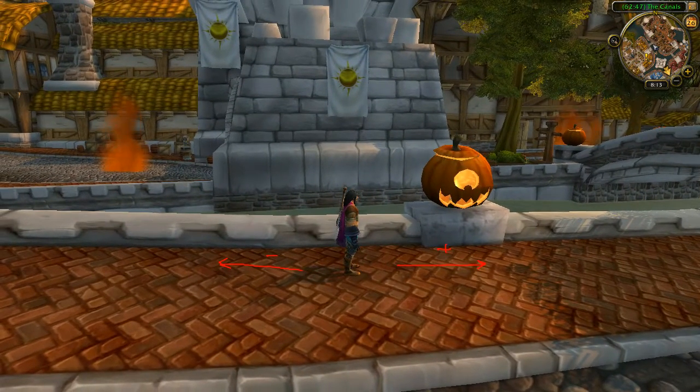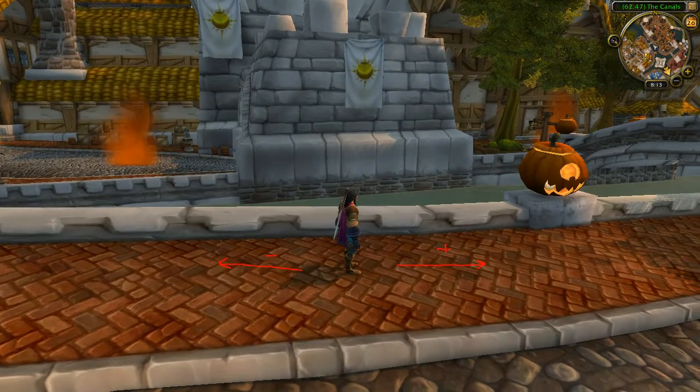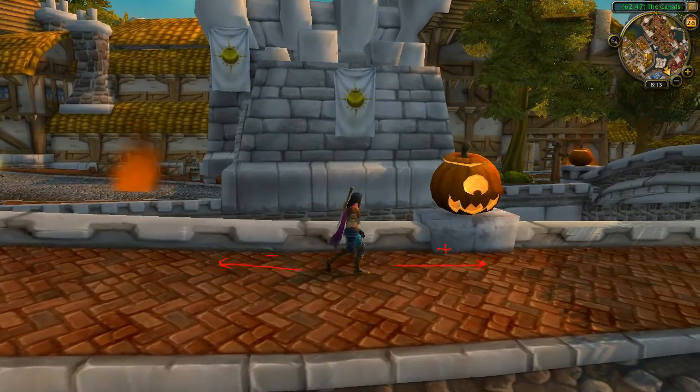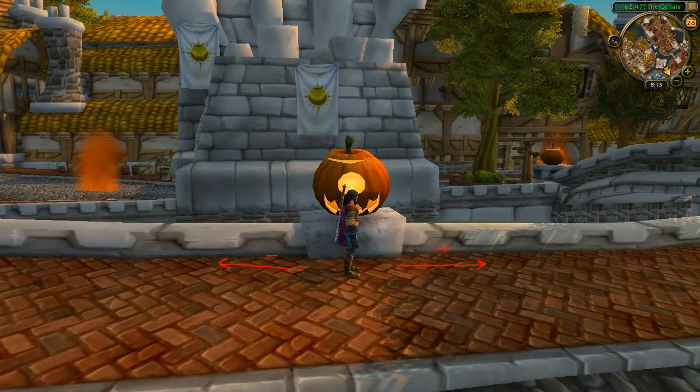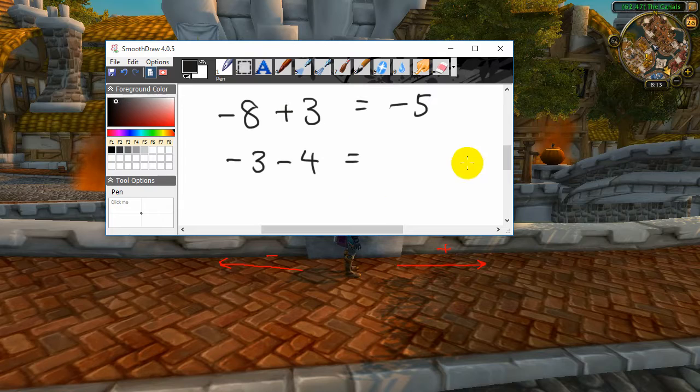And let's minus 4. So 1, 2, 3, 4. Okay, how far away am I from the pumpkin? Let's check it out. 1, 2, 3, 4, 5, 6, 7. 7 steps, right? So the answer is negative 7.